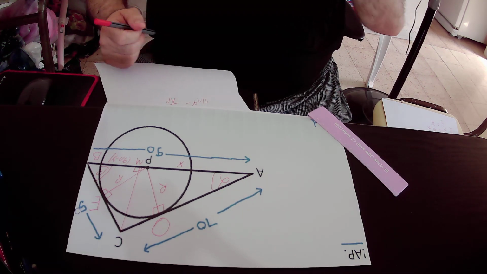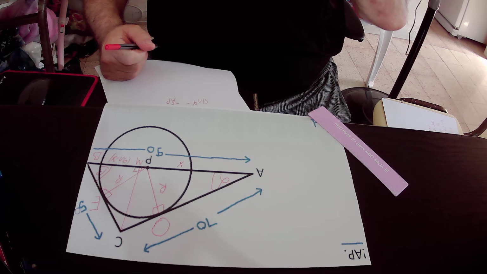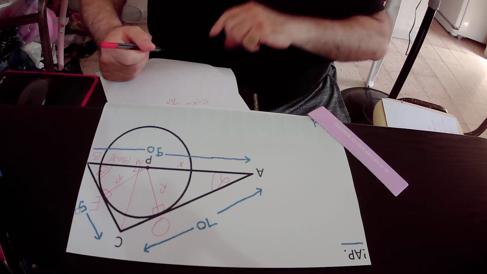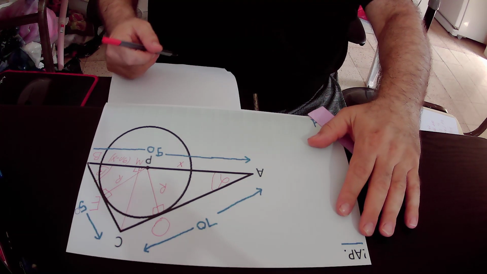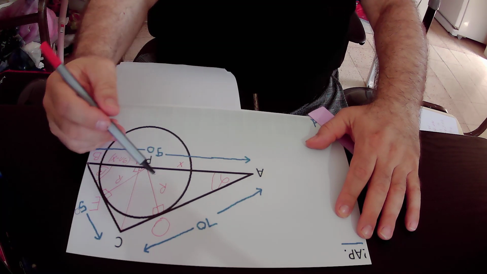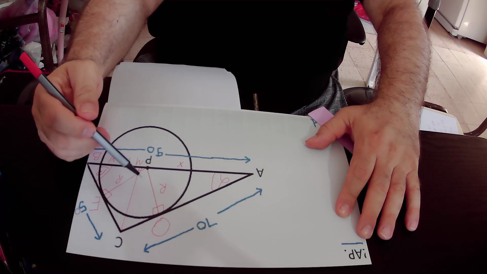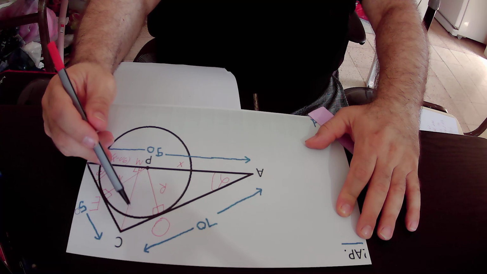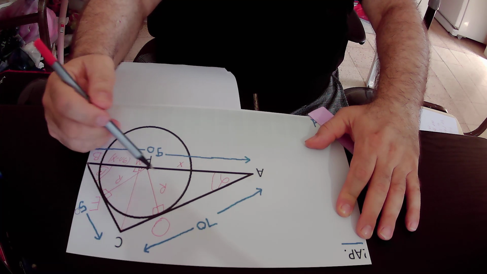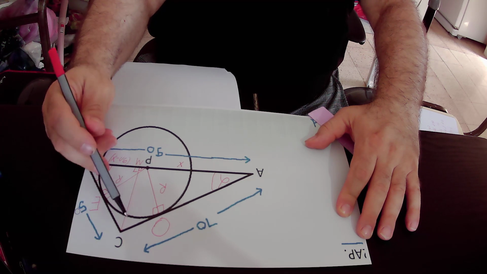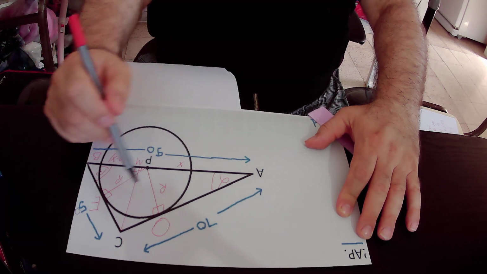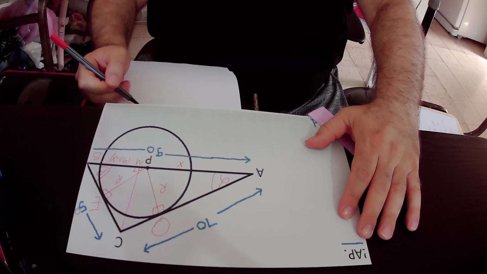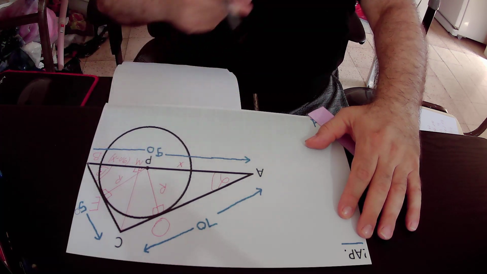Now we will focus on the right triangle ACM. In the right triangle ACM, sine alpha will be equal to the side that is in front of angle alpha, and the side in front of angle alpha is actually CM, divided by the hypotenuse of the right triangle ACM.